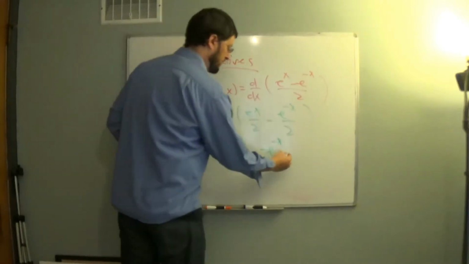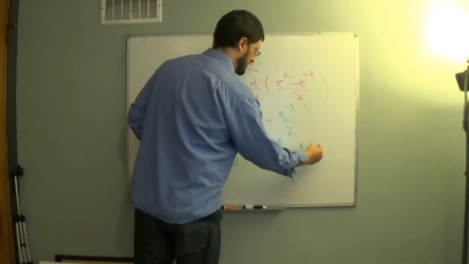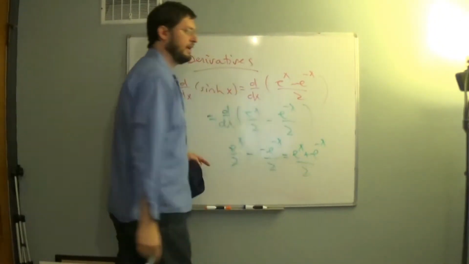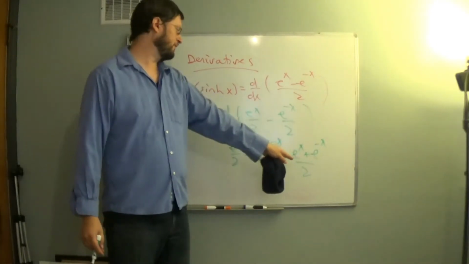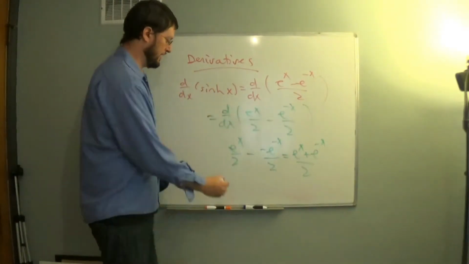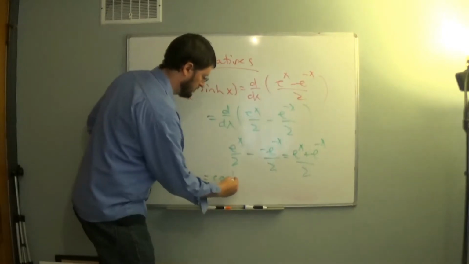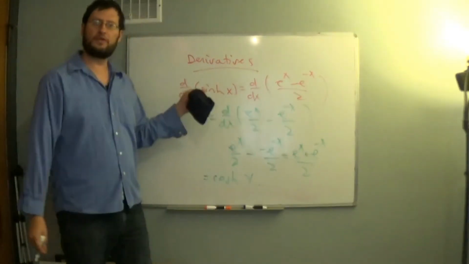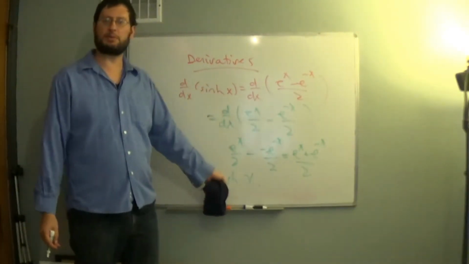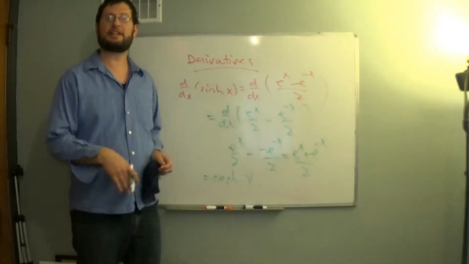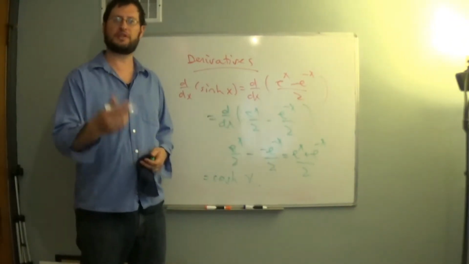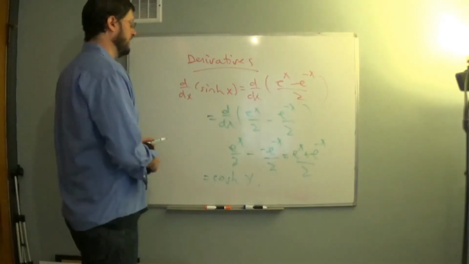Minus minus makes plus. And we recognize this as the formula for hyperbolic cosine. So the derivative of a hyperbolic sine is hyperbolic cosine. And that's great, because that's how we're used to trig functions. Derivative of sine is cosine.